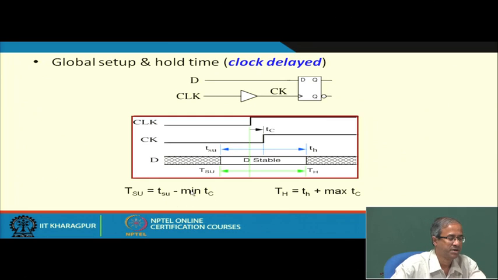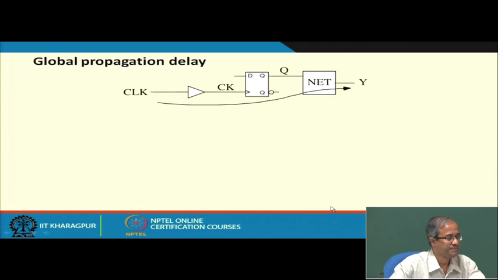Okay, minimum path, maximum path, and for the hold time in a similar way it will be Th plus Tc, and because it is plus you take the maximum Tc. So, for a scenario like this where the clock is getting delayed, you have to make calculations like this and apply the external input in this fashion.